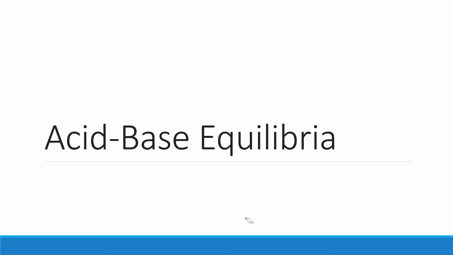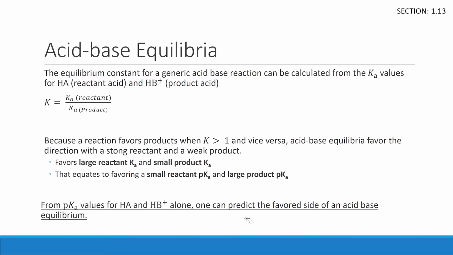So on to acid-base equilibria. When we're comparing in a reaction, the equilibrium constant for a generic reaction is calculated based on the Ka values of the original reactant acid versus the product. This is also called the conjugate acid. And I want you to remember that the conjugate acid is formed from the base.